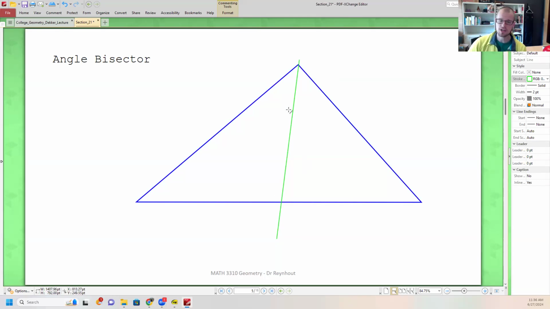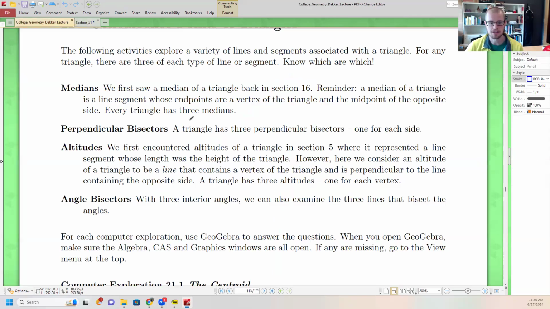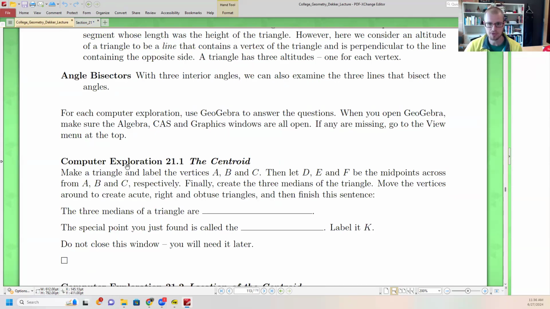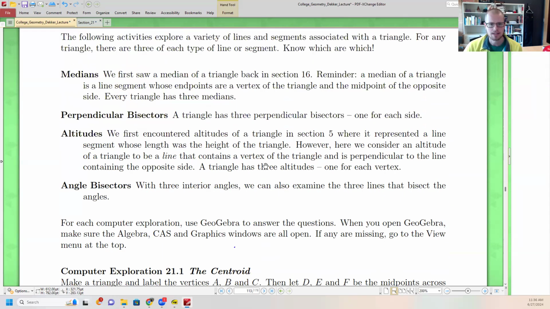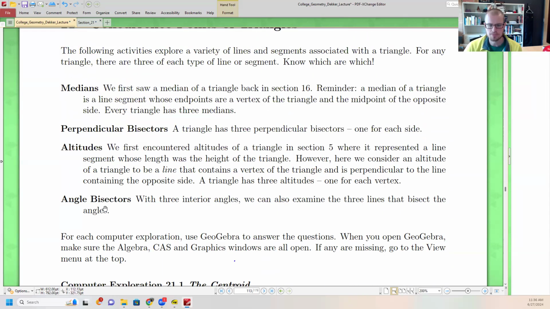So I would encourage you to play around with these in GeoGebra. In fact, you'll have to as you consider the computer explorations. You're going to create some triangles and then try to find these things by creating them. So you create a triangle, and then you're going to, let's see here, we're talking about medians. So we can create the medians, and you can fill in some blanks for that. All right, those are our terms.